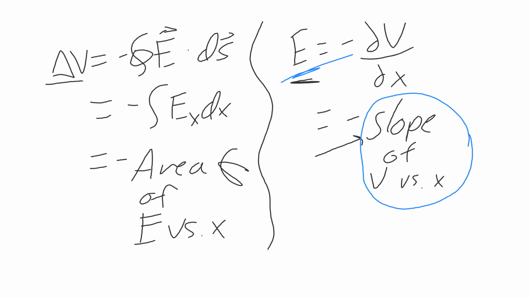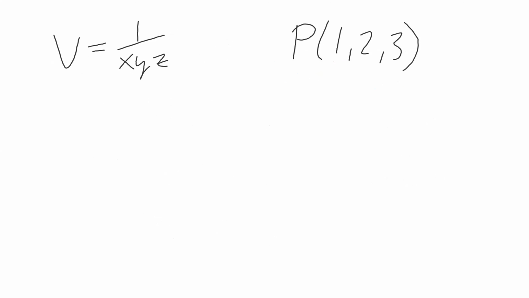But here they're giving us a function for the potential. So I actually have to use this definition up here, that the x component of the electric field is a negative derivative of the potential with respect to x, but also the y component of the electric field is a derivative with respect to y, and the z component is a derivative with respect to z. So I have to do each of those.